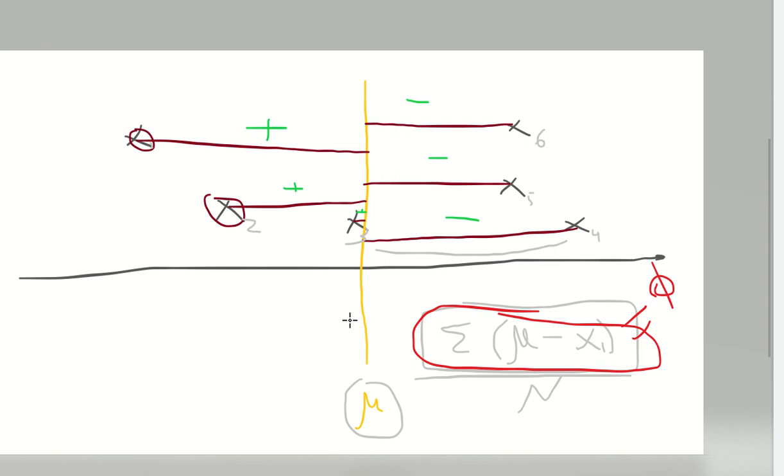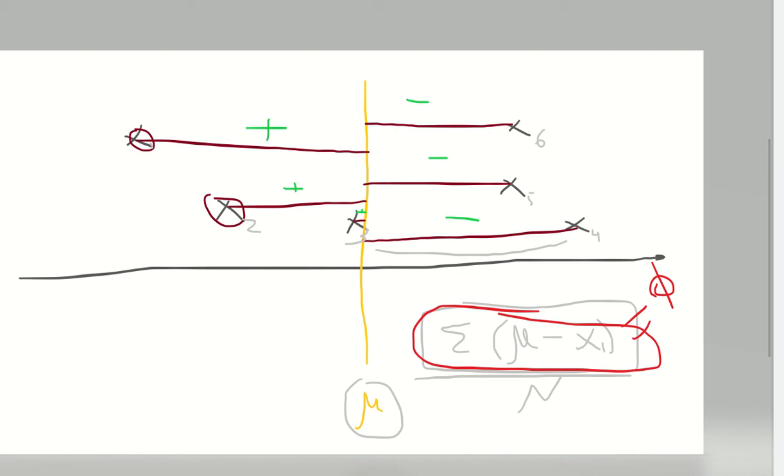So though the rationale, the way you're thinking about it, is correct: let me see how far away every value is from the mean, and then I calculate the distance of every value from the mean, and then I add them up and divide by the number of observations. The concept is correct, but the problem is some of the differences are positive, some are negative. You add them up, automatically you get a zero. So that doesn't work. So how do you solve the problem of the zero?